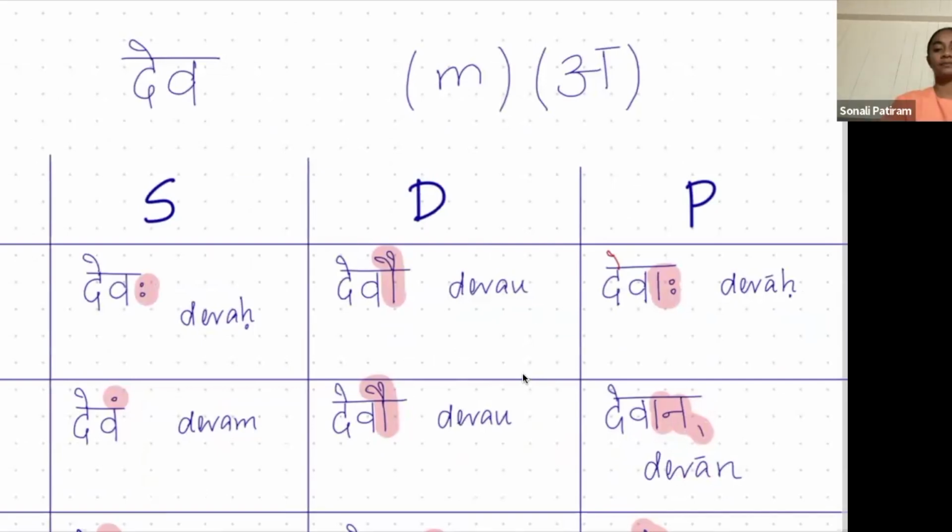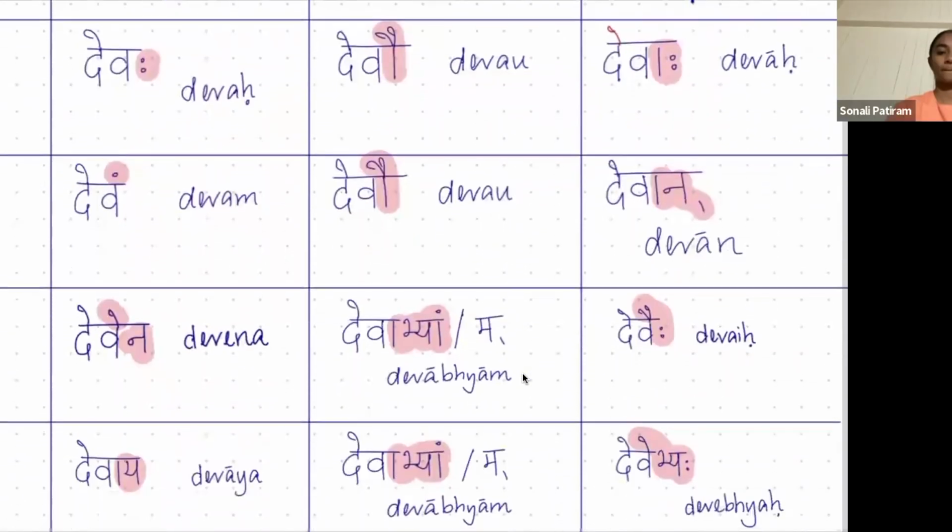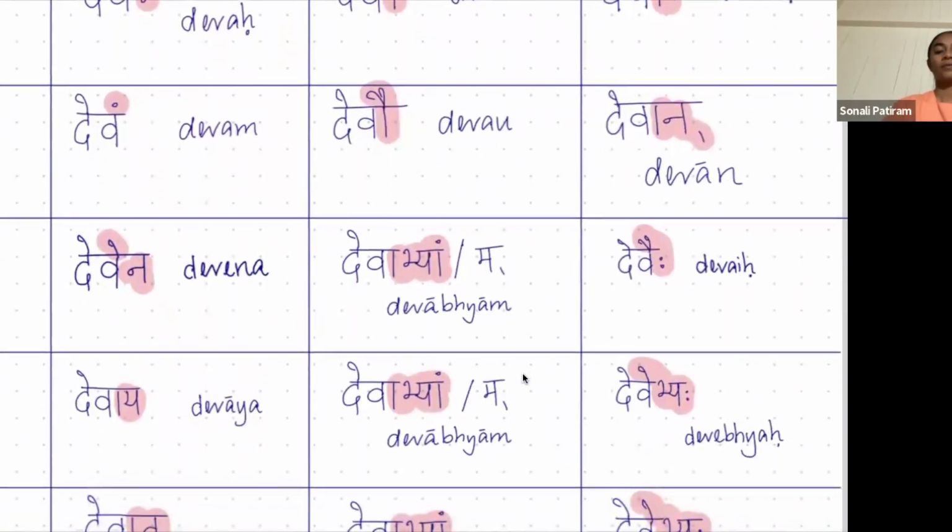Devah. Devo. Devan. Devaha. Devam. Devo. Devan. Everybody should be repeating.